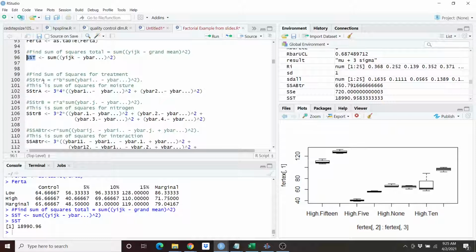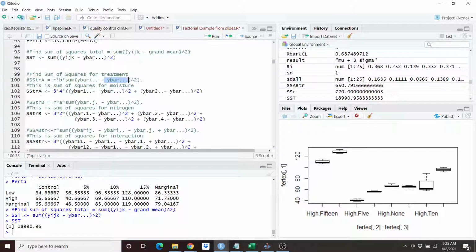Now I need to find my sum of squares for treatment. Here I'm dealing with sum of squares treatment A, in other words, sum of squares of my moisture levels. So I've got the number of replications times the levels in factor B times the sum of marginal means minus my grand mean squared.